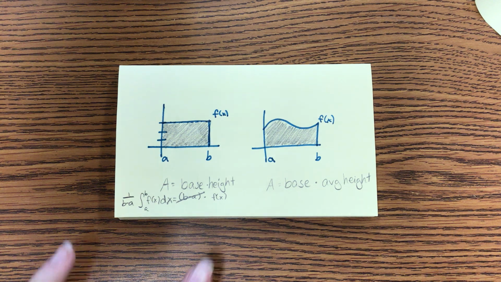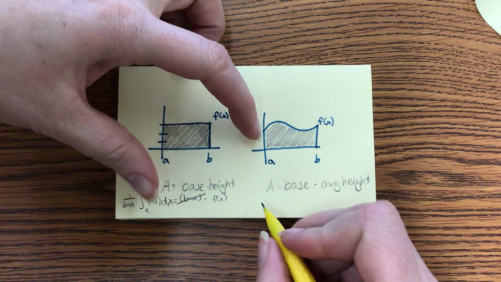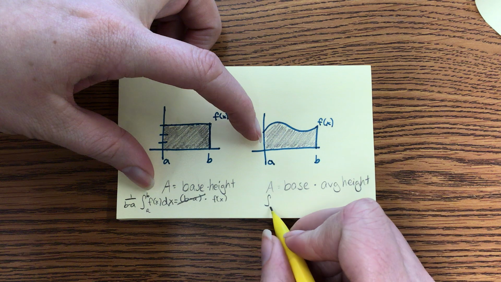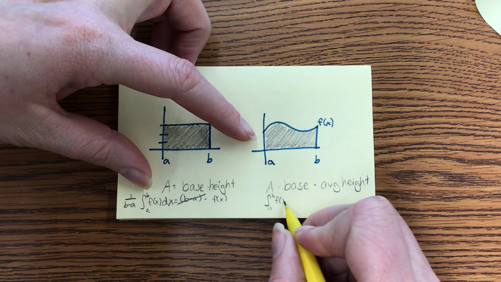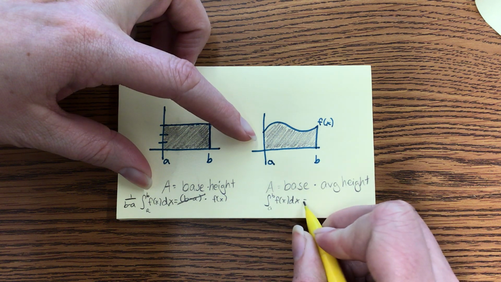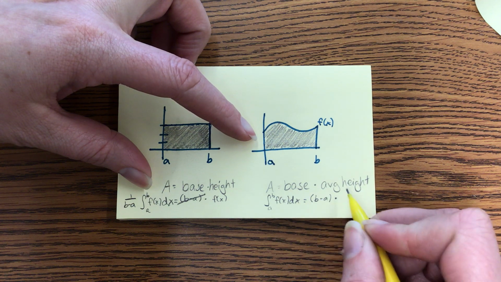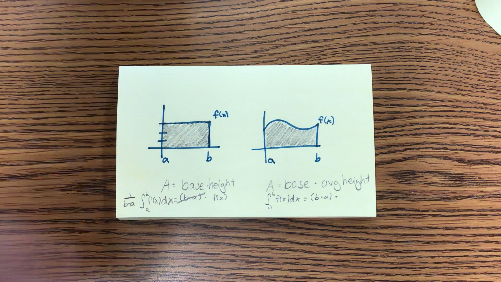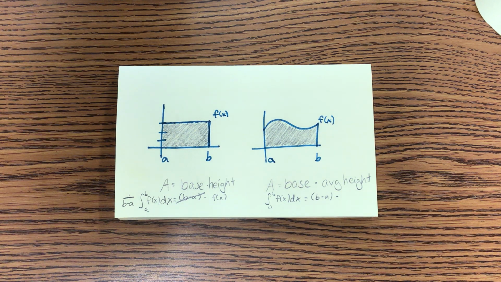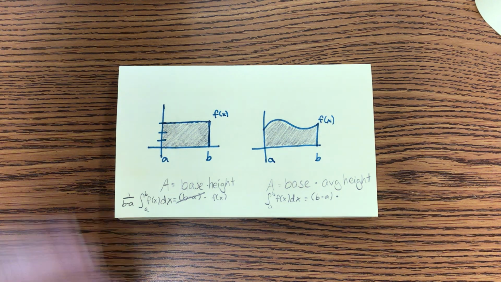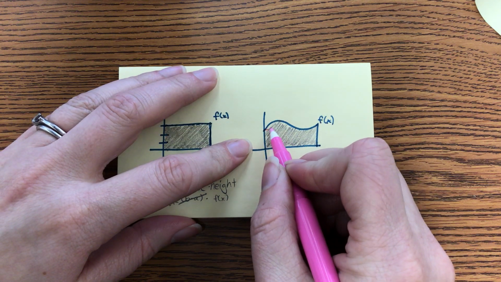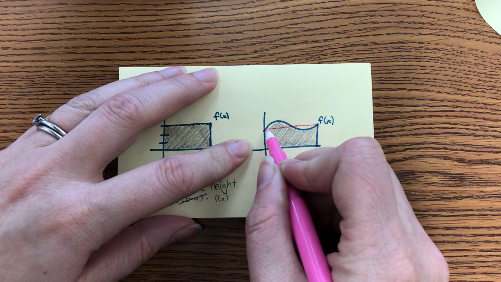Well, let's set up the same kind of deal. The area is going to be the integral from a to b of f of x dx. And that's going to equal the base, which is b minus a, times the average height. Because this is still not a rectangle, but we could pretend it's a rectangle. What if we just draw across here?